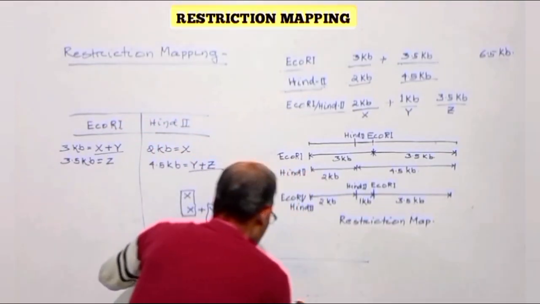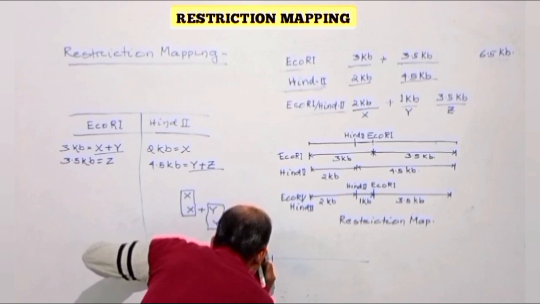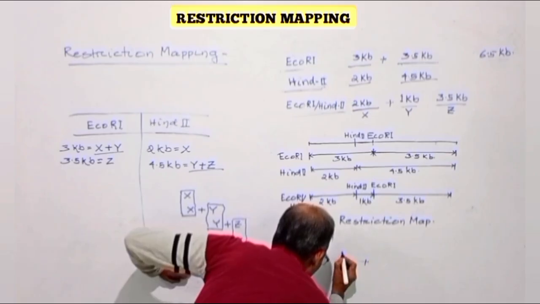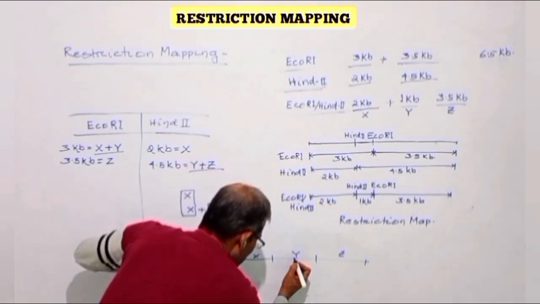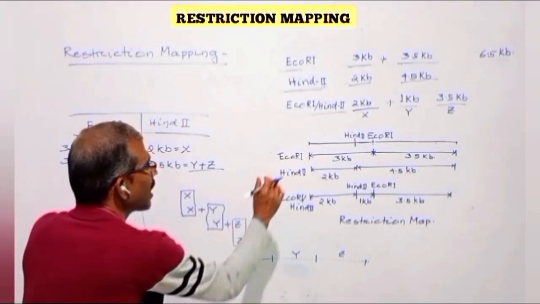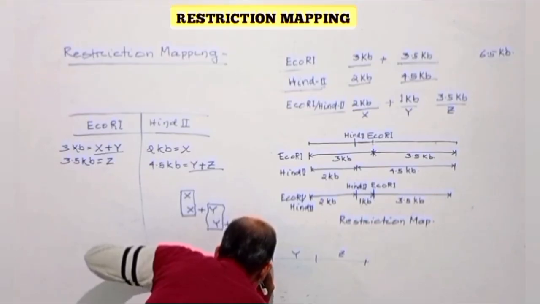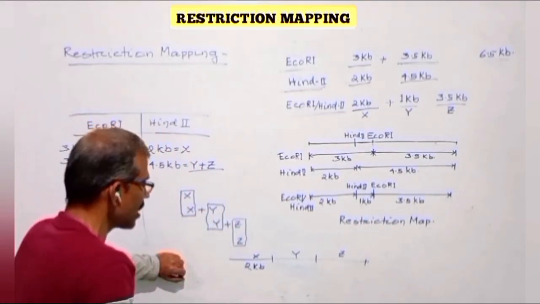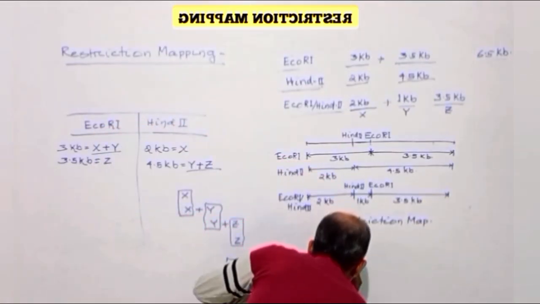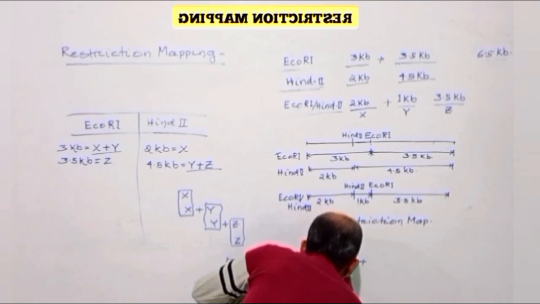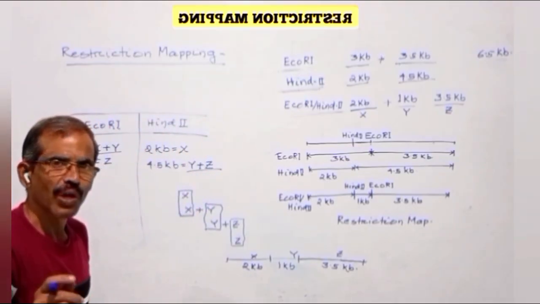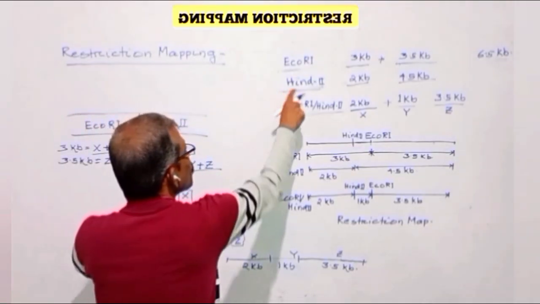So if this is the DNA strand, the first fragment will be X, the second fragment will be Y, and the third fragment will be Z. So fragment Y is placed between X and Z. The length of fragment X is equal to 2 kb, that of Y is equal to only 1 kb, and that of Z is equal to 3.5 kb.